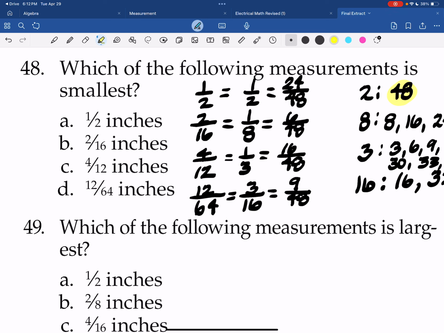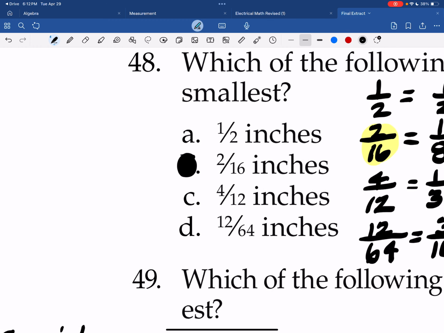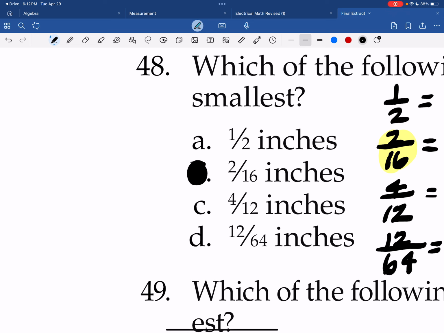If you know this in your head, don't go through all this. But here's the way I would do it. And I would cheat. I would use my calculator. 1/2 is the same as 0.5, right?